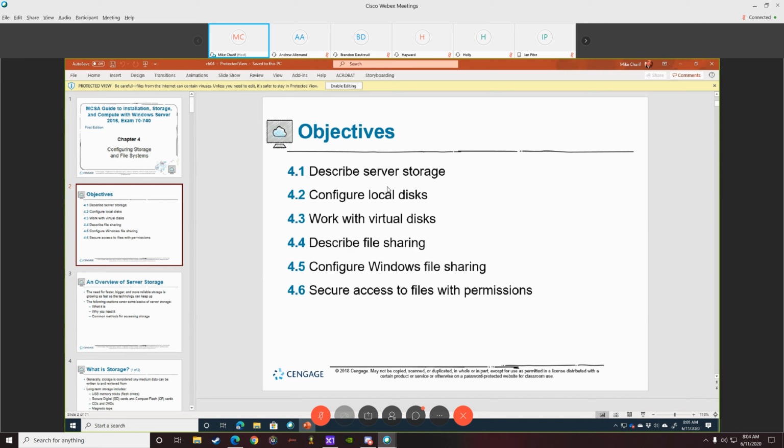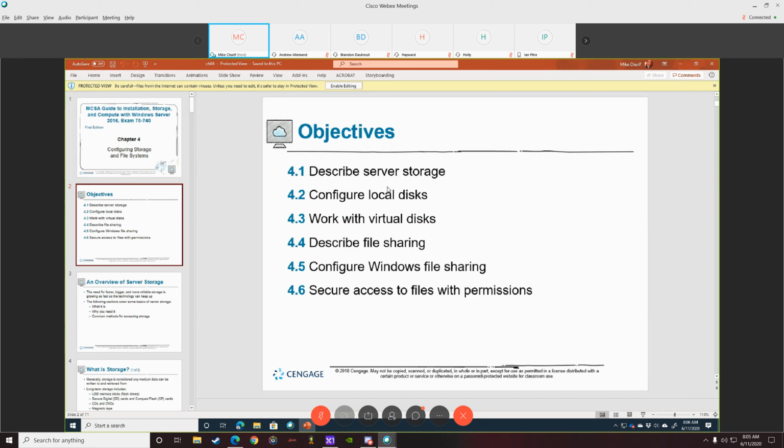And you can describe file sharing, configure Windows file sharing, and secure access to files with permissions. Of course, I think sections 4.4, 4.5, and 4.6 in a way describe the purpose of having a hard drive for storage.